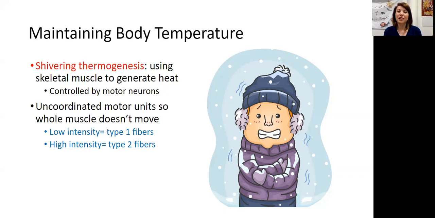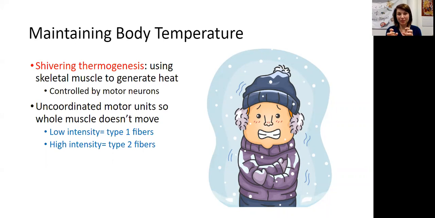And shivering is not a conscious physiological response, it's a subconscious one, but it's still going to be controlled by those same motor units. And the way that it does this is, instead of sending an action potential that's going to contract the muscle in a synchronous fashion and allow you to actually move your body, it sends the signal in an uncoordinated, asynchronous fashion.